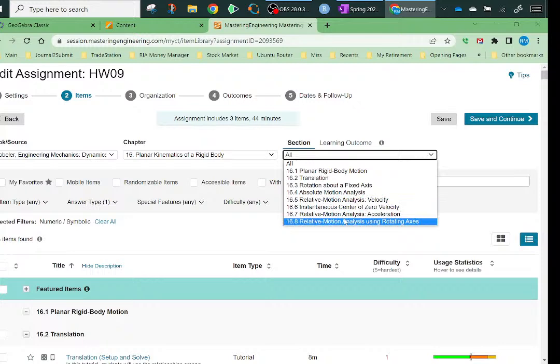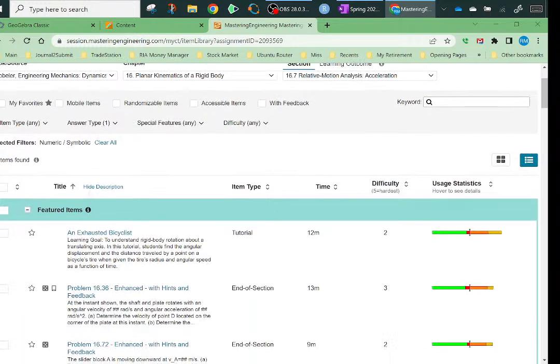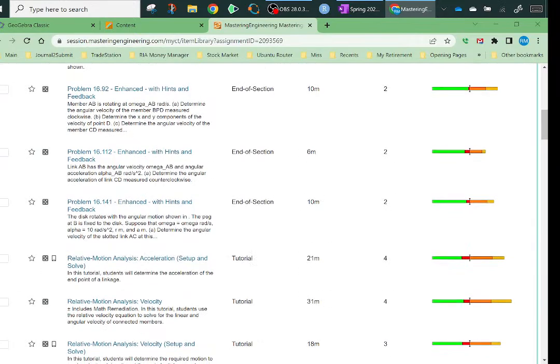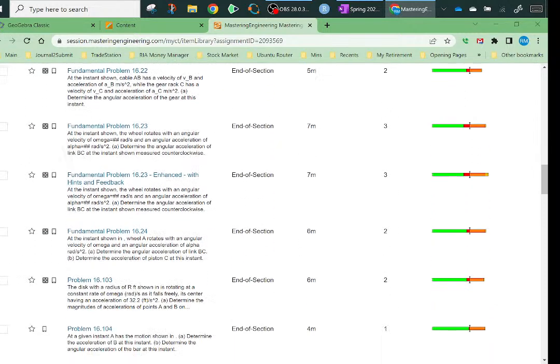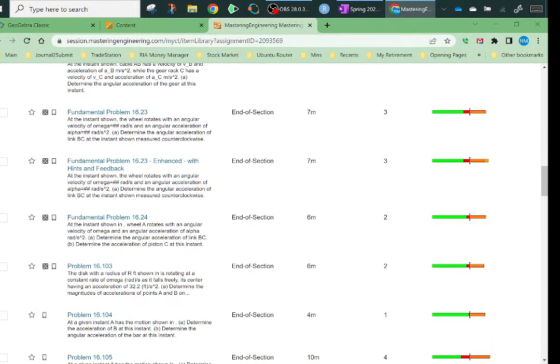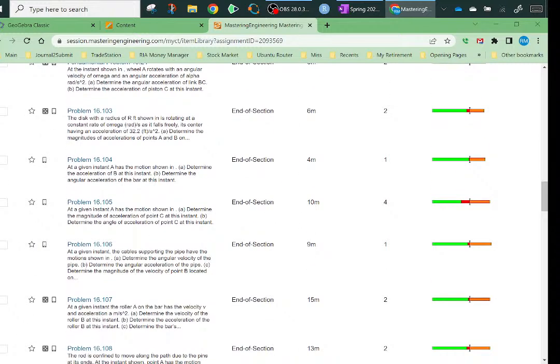Okay. I'll find a good one there. I don't really want to try to get rid of the featured item. An exhausted bicyclist. Okay. I guess I'm in that section. Okay, here we go. I'm just trying to read the things here and see if I can see. Okay, this one I can't really tell what that is, so I'm going to look at that.